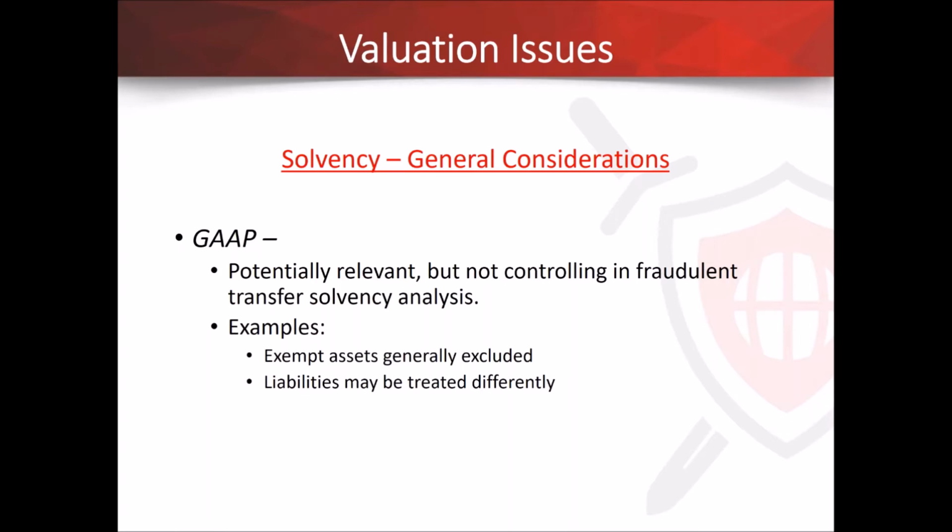The reason is generally that the judges don't want to be told how to interpret the law, not by accountants, not by the authorities that promulgate GAAP rules, but instead the courts want to make that analysis on their own. So certainly they can consider GAAP and consider expert testimony and accounting and financial analysis as potentially relevant, but the courts are going to make these final decisions.